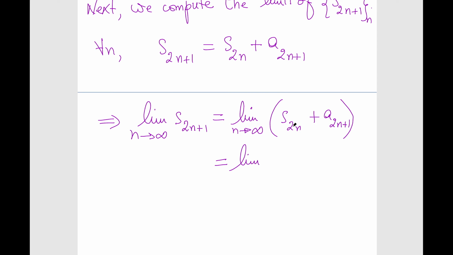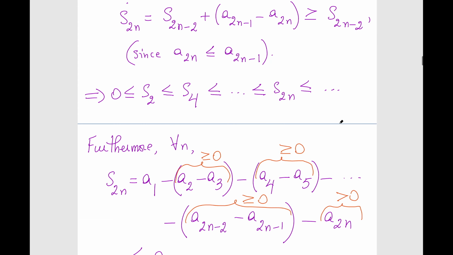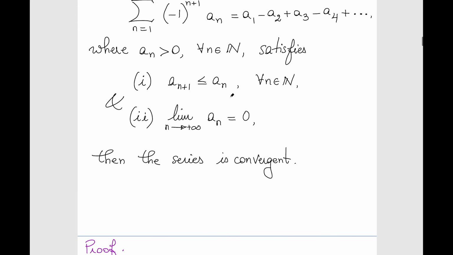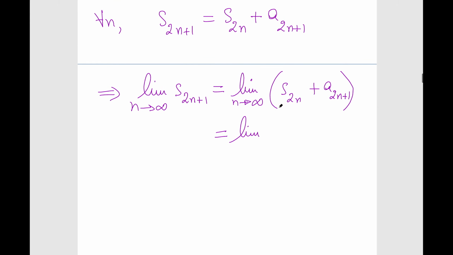The S2n converges, we just showed it above, and the sequence an goes to 0 by assumption, by condition 2. a sub 2n plus 1 is a subsequence of the sequence an.